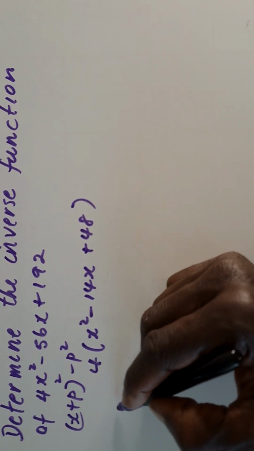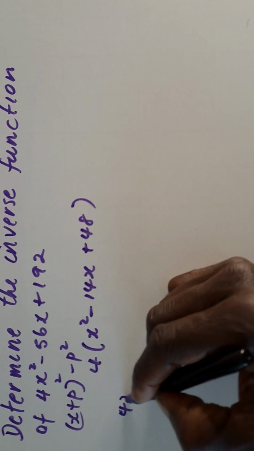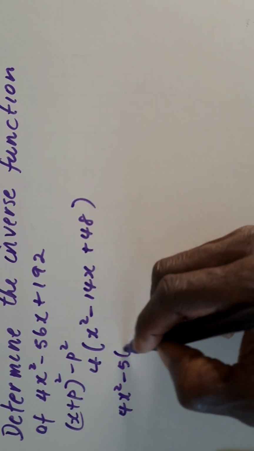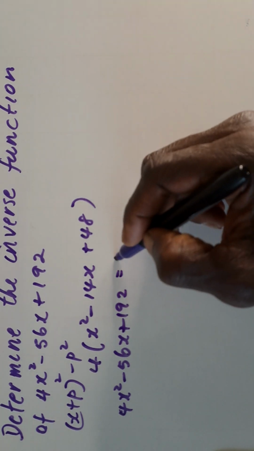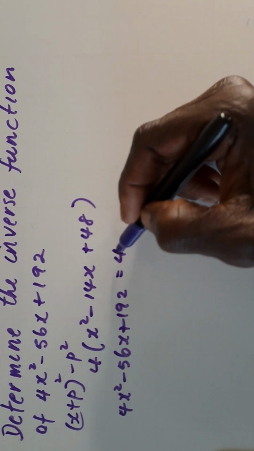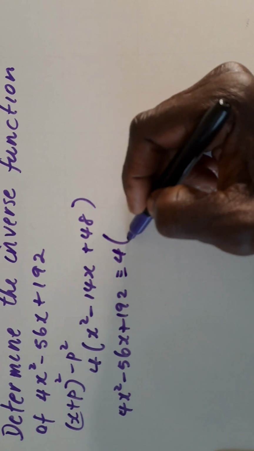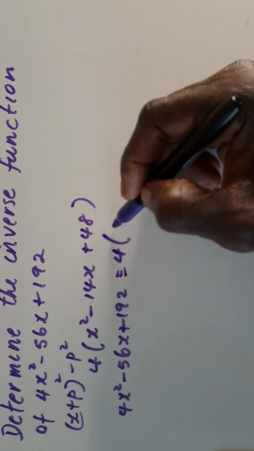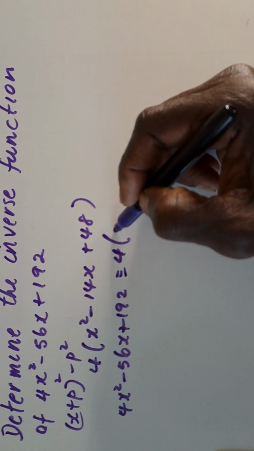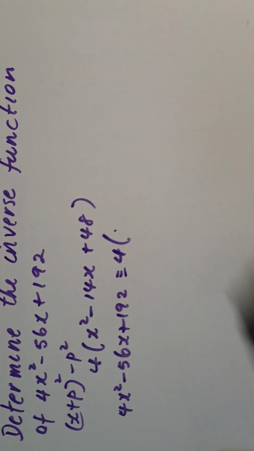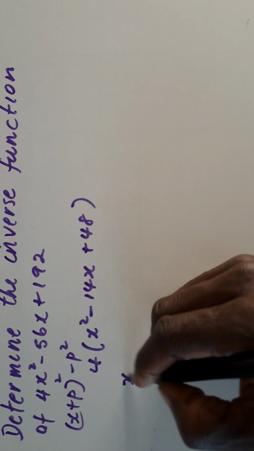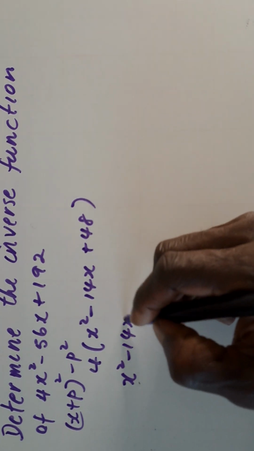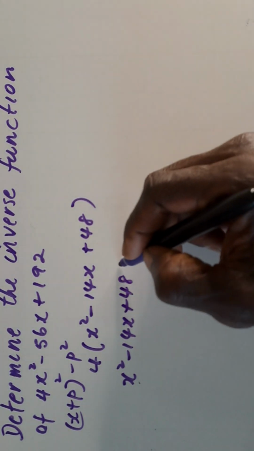So now we have that 4x squared minus 56x add 192 is equivalent to 4 into, before we do this step, let me just do the x squared minus 14x add 48.